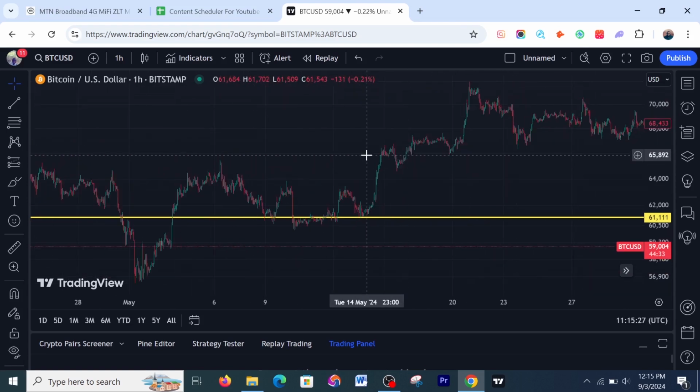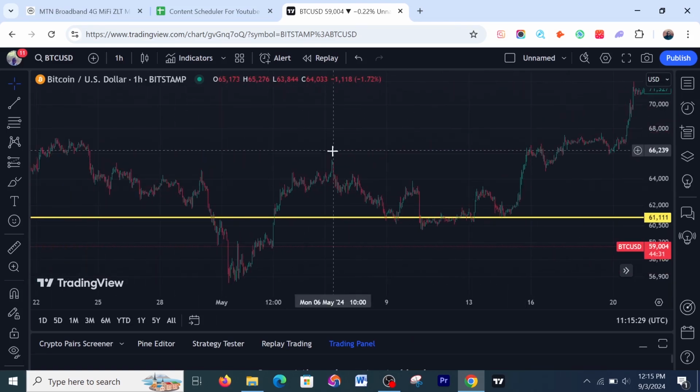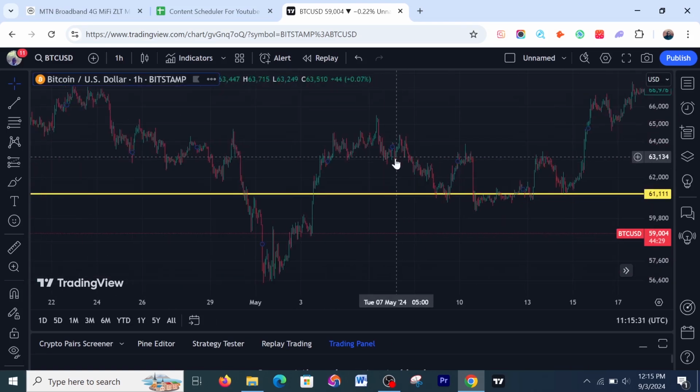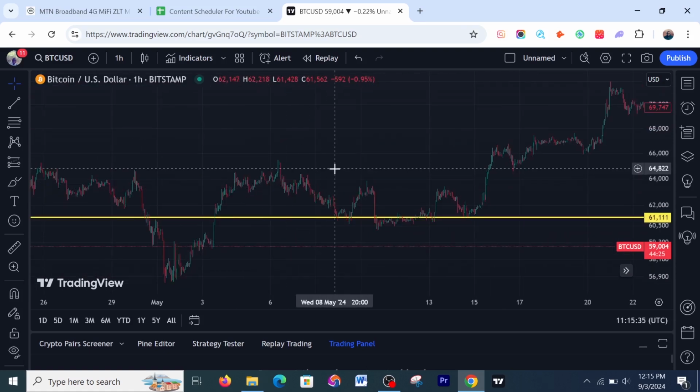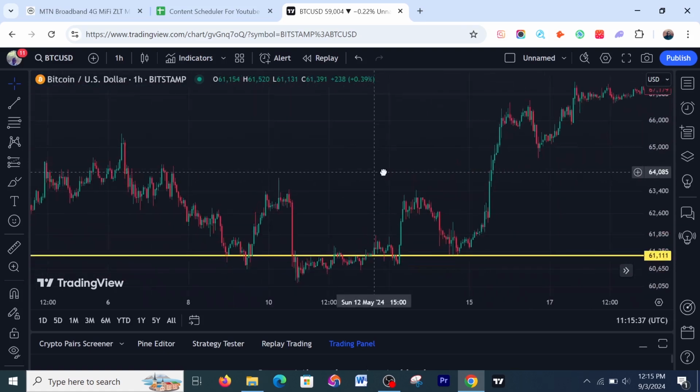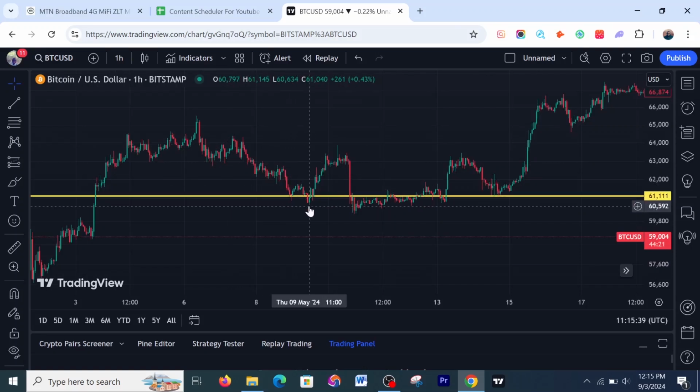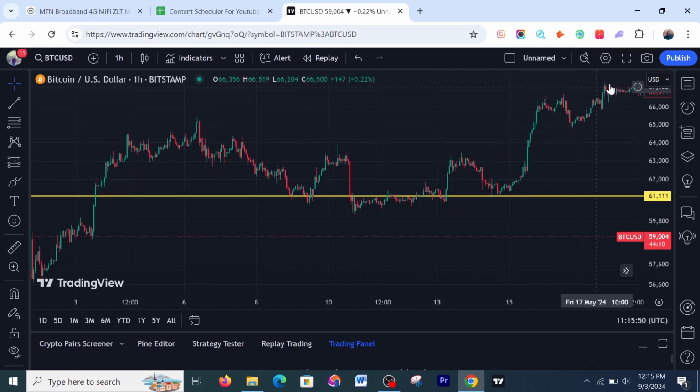So if you look at this point, this is the point I want to use for reference. If you notice, this was support, came here, tested support, then built support here, tested support here, then support here, before it continued going.